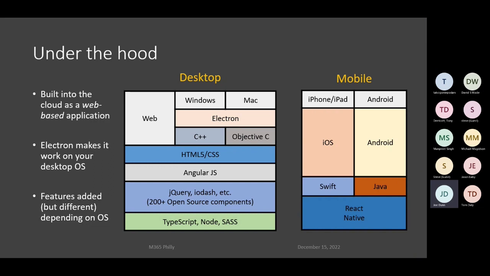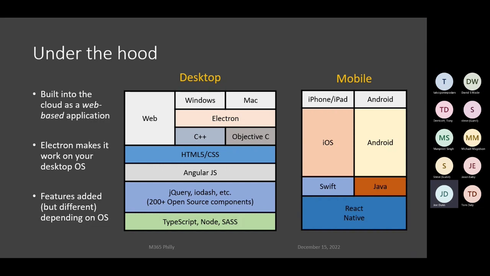At the very bottom for the regular desktop Teams, you've got some programming languages, some JavaScript in there, and then the HTML, CSS layers on top when you're talking about the web version, right? For desktop, Windows or Mac, they can either program it in C++ or Objective-C, depending on the OS. And Electron is just a layer that makes it work on your actual computer, right?